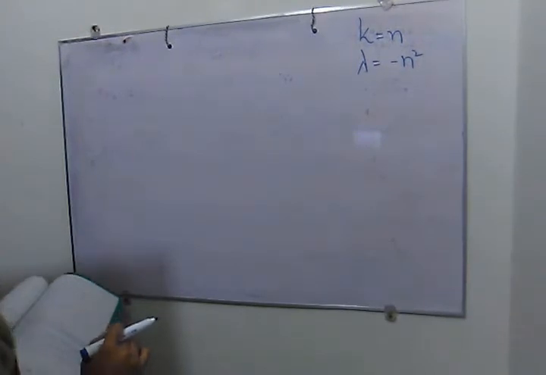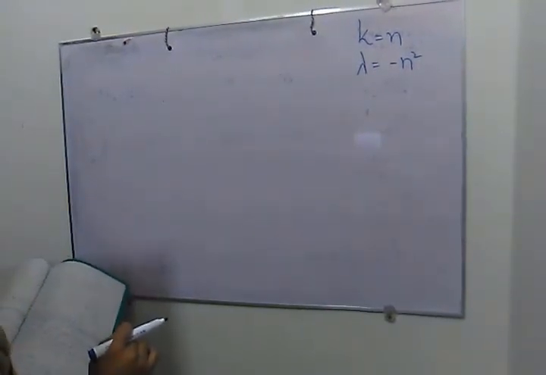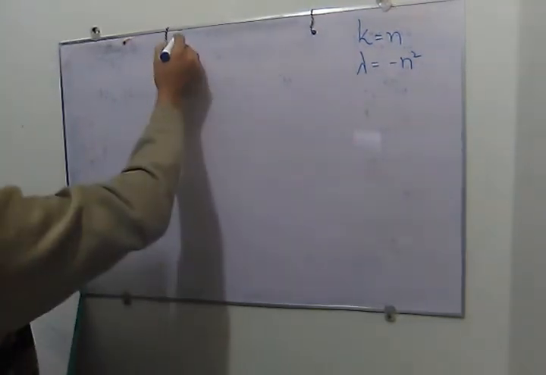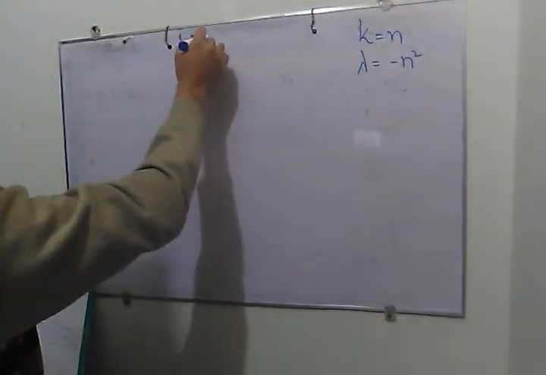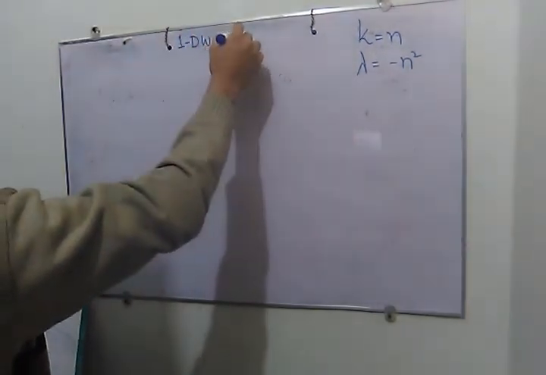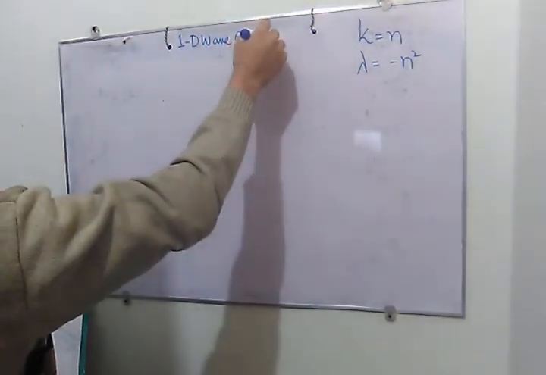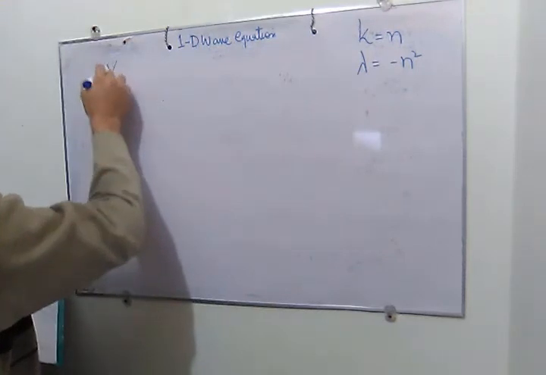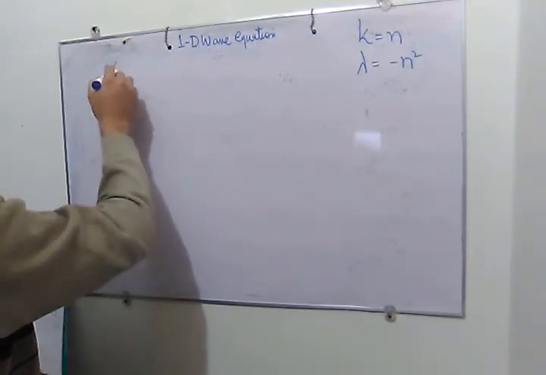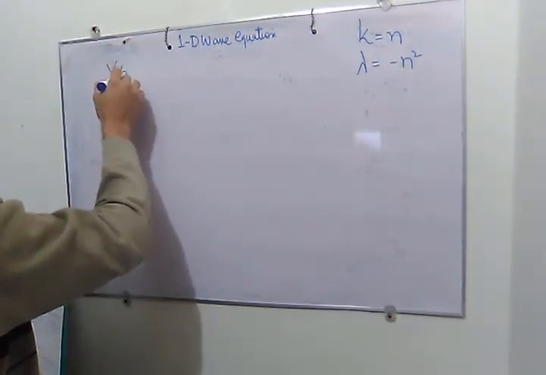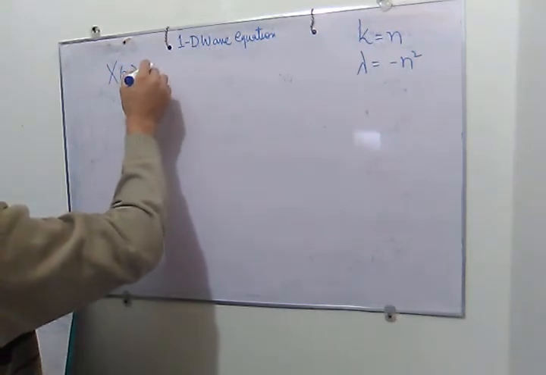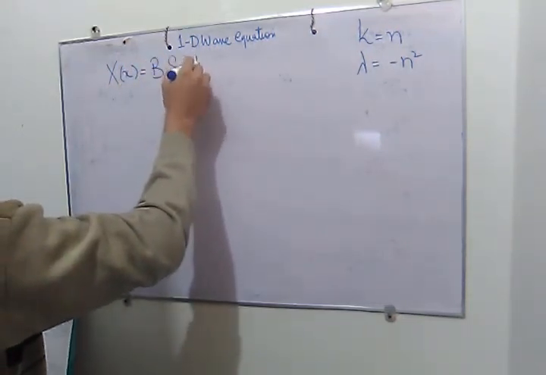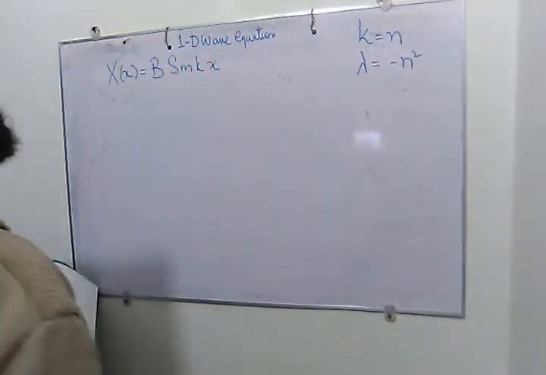So we have solved our equation number 3 for the one-dimensional wave equation with Dirichlet type boundary conditions. And now our solution, which gave us the non-trivial solution, was b sine kx.